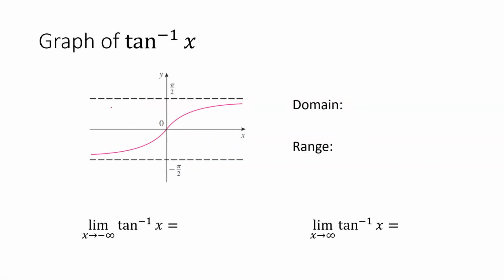Let's look at the graph of tangent inverse. The nice thing about the tangent inverse graph is it tells us a lot about the function itself. For instance, we notice that the domain of tangent inverse is all real numbers because it can go to the right or to the left forever. But the range is always going to be between negative pi over 2 and positive pi over 2.